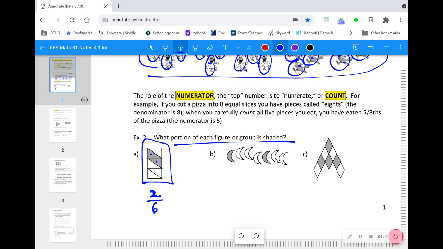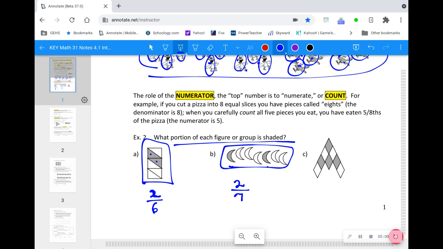It's the part you get when you divide it into 6 equal sections. 2 of those are shaded. Here, again, we're numerating or counting. 2 of them are shaded out of a total of 7. So 2/7 of the group are shaded.